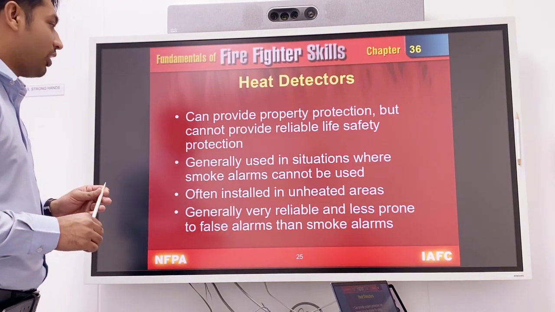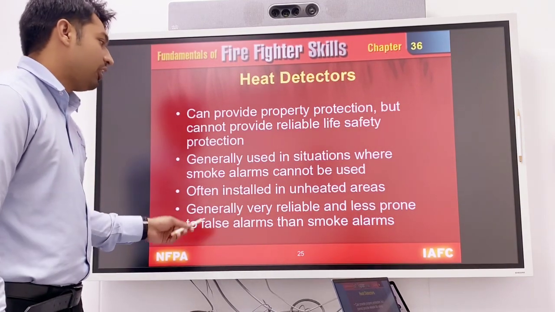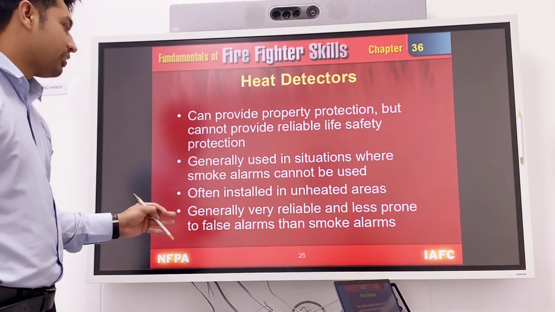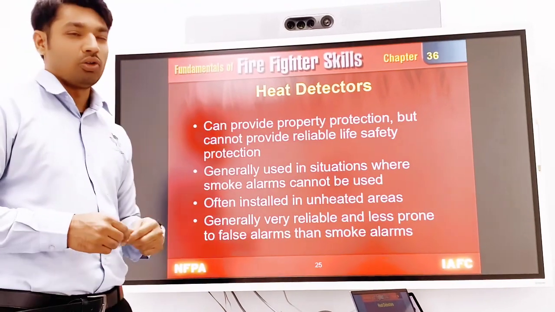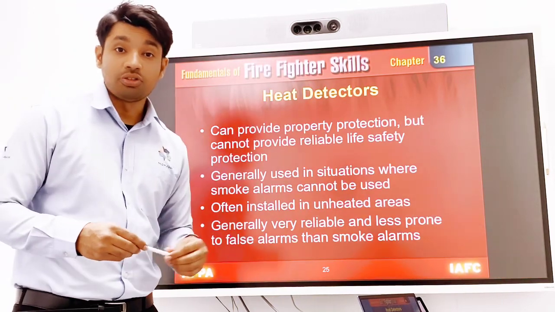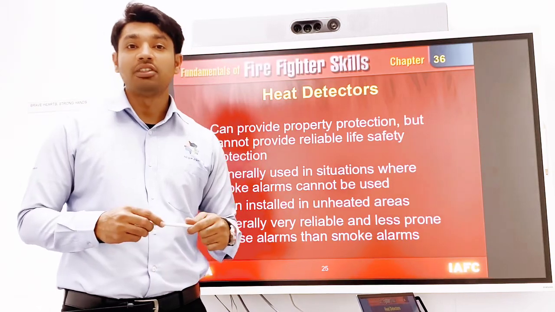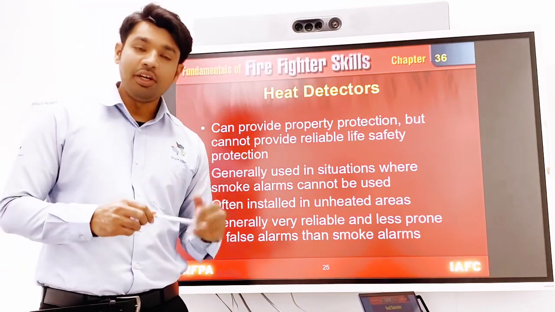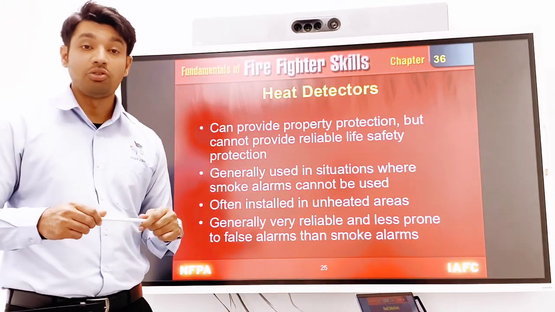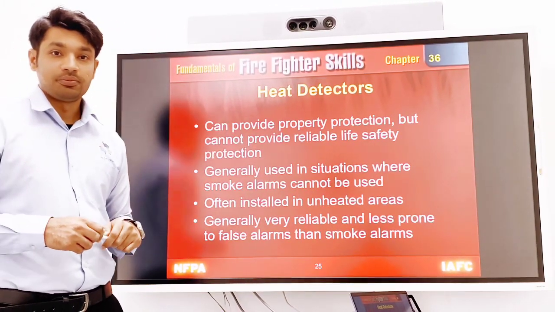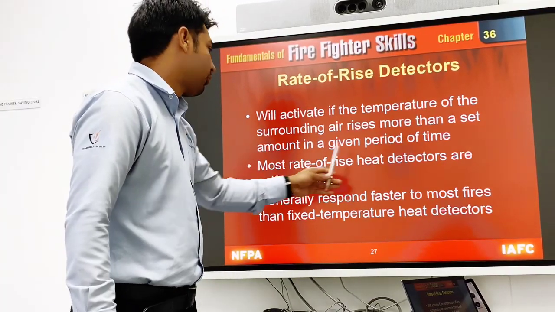They are generally used in situations where smoke alarms can't be used, often installed in unheated areas, and are generally very reliable and less prone to false alarms than smoke detectors. Rate of rise detectors respond when the surrounding air rises more than a set amount in a given period of time.